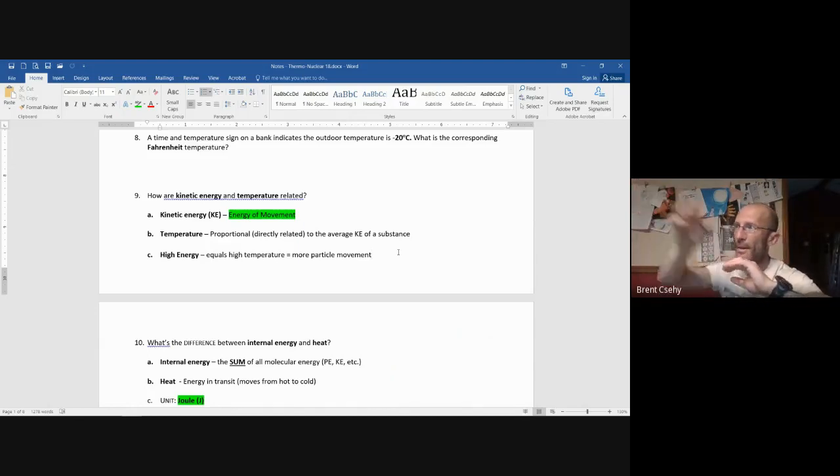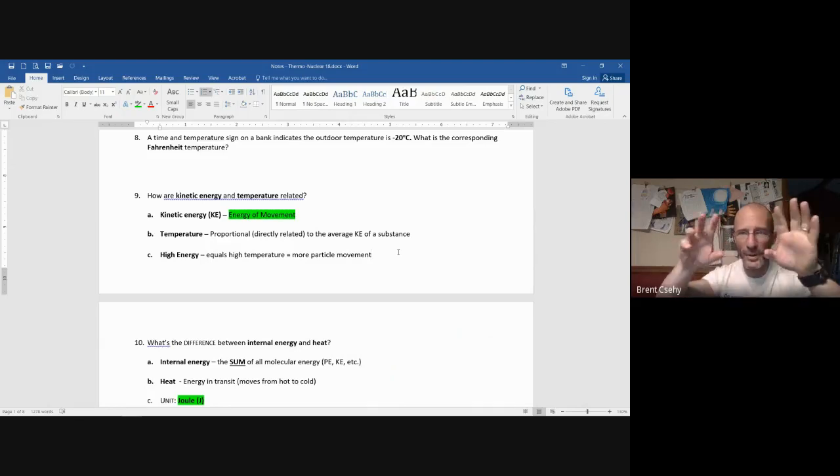As the sun comes up and starts radiating down, it's making molecules move, and temperature goes up. It's very straightforward. And the other way, as kinetic energy slows down and movement stops, it cools down. High energy equals high temperature and more particle movement.